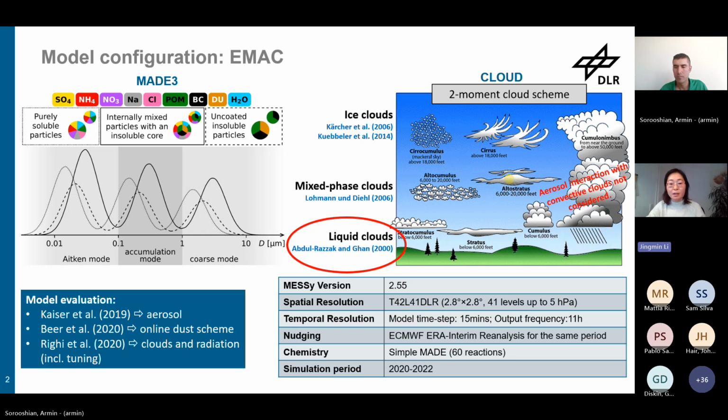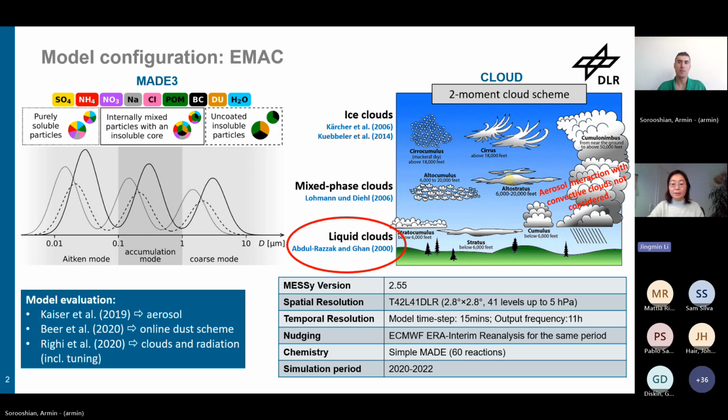Note the scale difference between the global model and ACTIVATE measurements. ACTIVATE takes measurements at second intervals, but our model has a grid box of roughly 300 kilometers, and our calculation time step is 15 minutes.